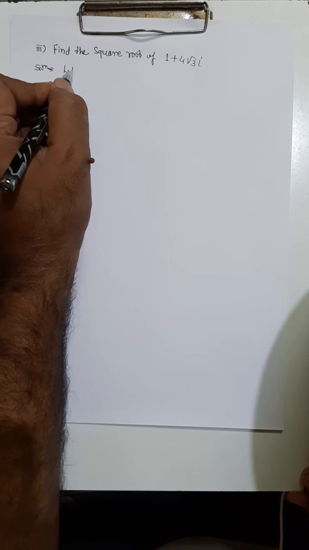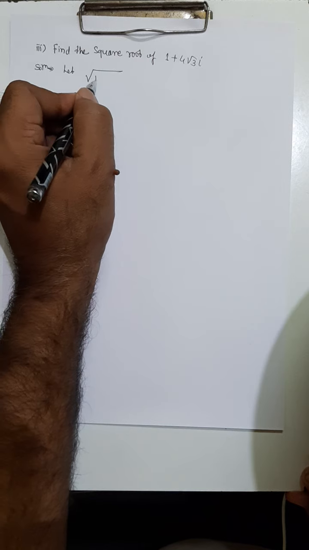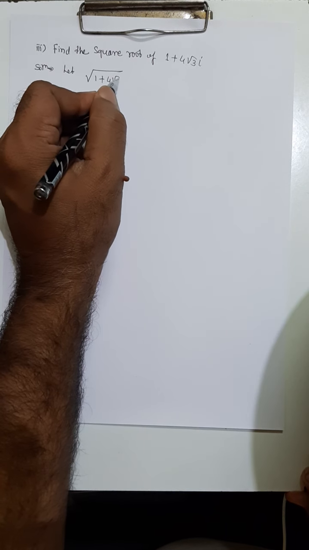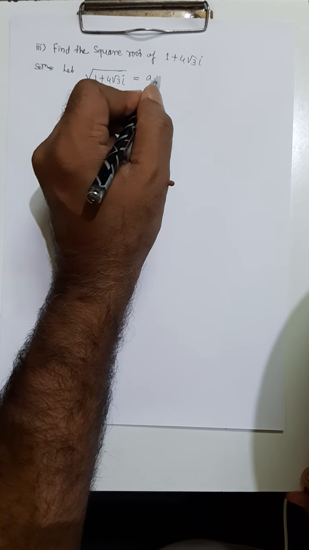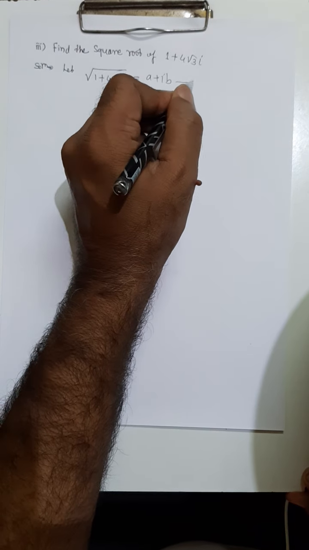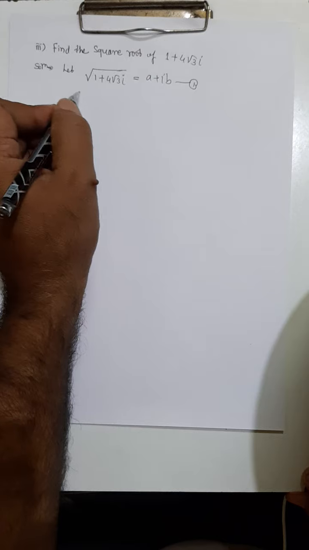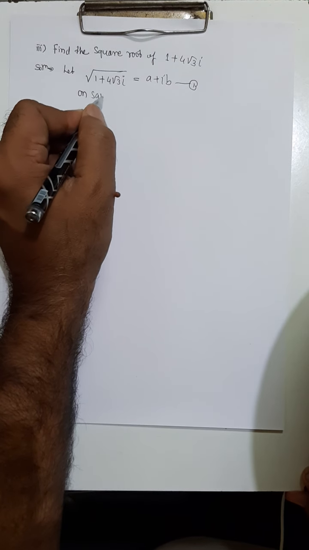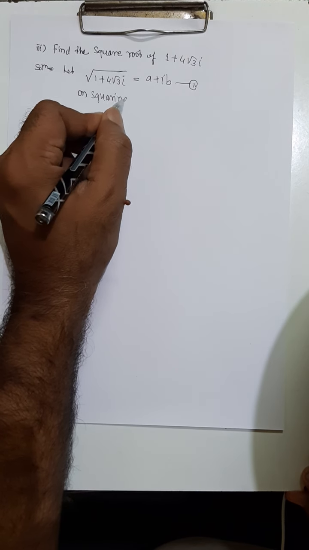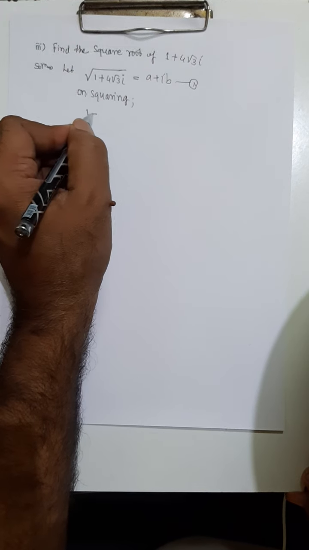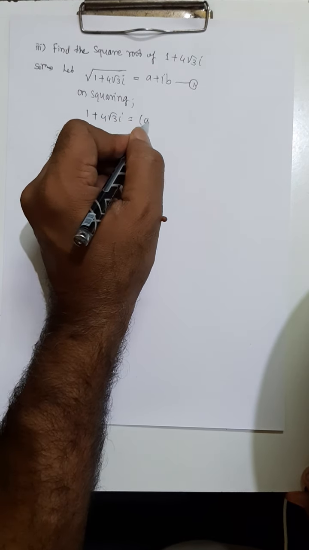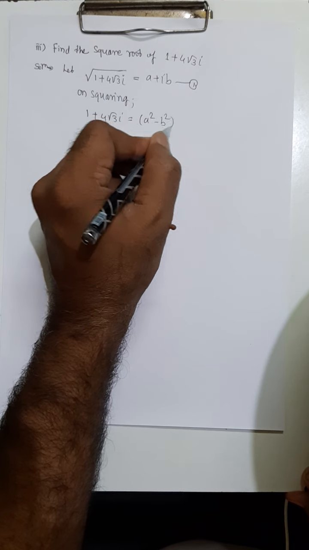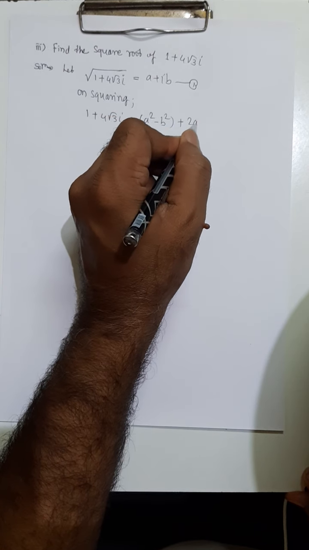So first step, let the square root of 1 plus 4 root 3i be equal to the complex number a plus ib, equation 1. On squaring, we get 1 plus 4 root 3i is equal to a square minus b square plus 2abi.